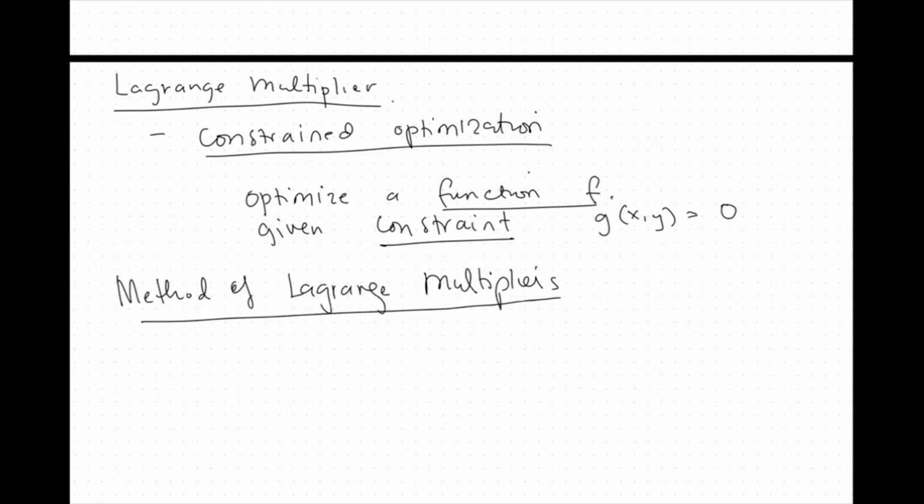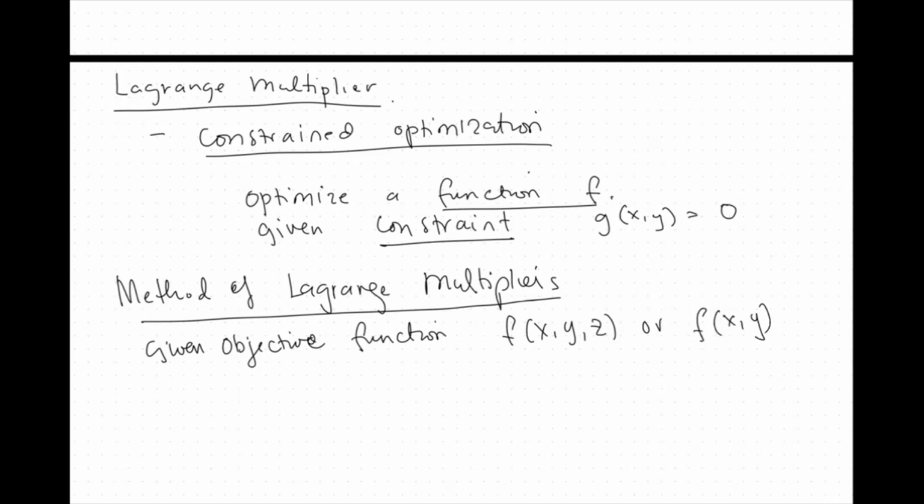First step, given an objective function f(x, y, z), or maybe just f of two variables, and then a constraint.